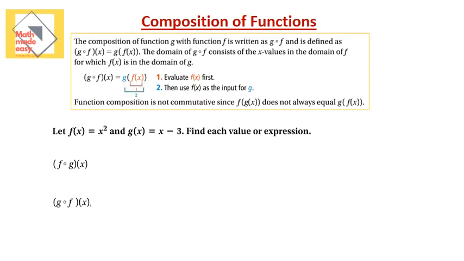Now here we're going to start off with the rule. It says here the composition of the function g with function f is written as g composition f and is defined as g composition f of x equals g of f of x. What does that mean? It means that you have two different functions, g of x and f of x.